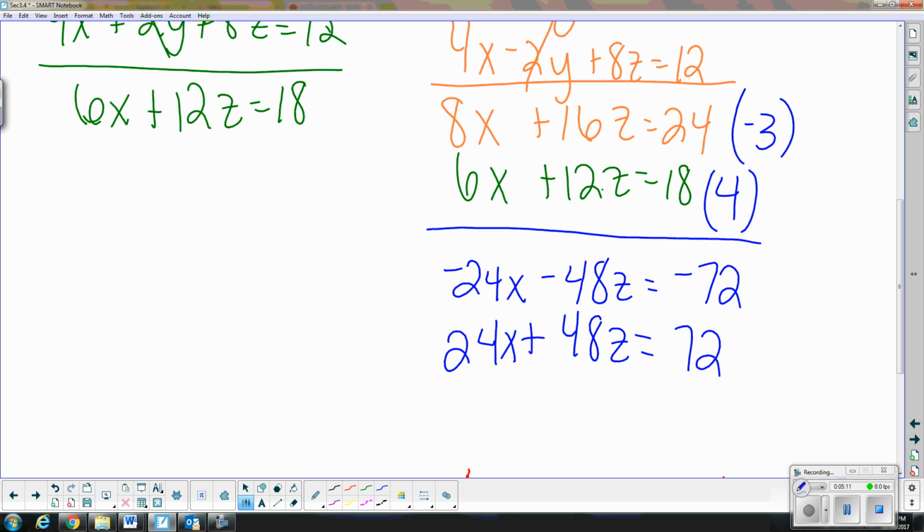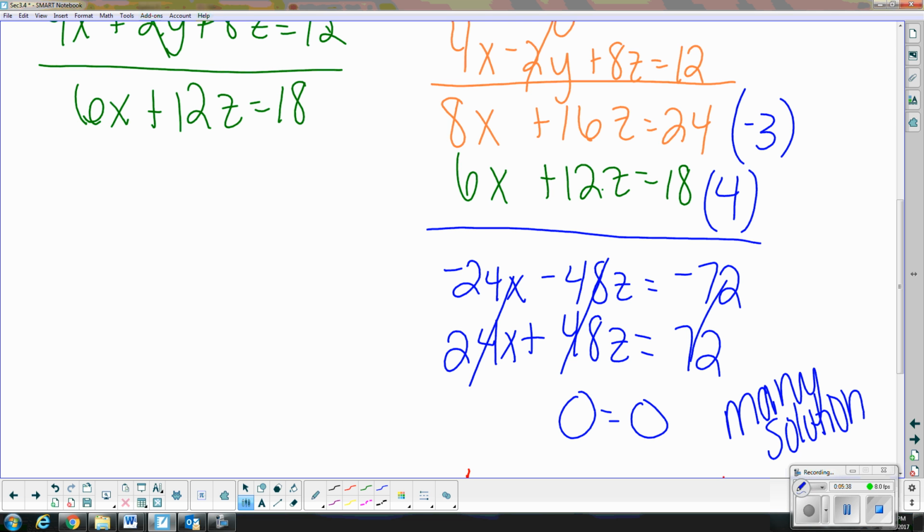Okay, so here, 0, 0, 0. I get 0 equals 0. Now, I got this by using all three equations. So my solution, 0 equals 0. This is infinitely many solutions.